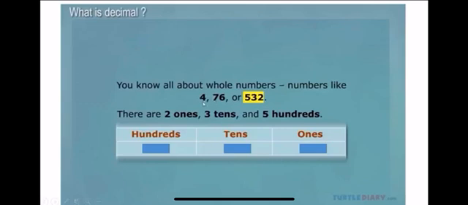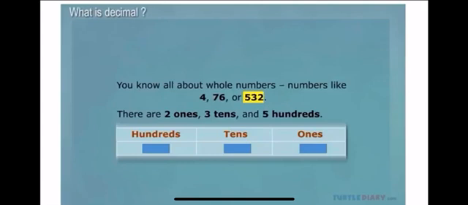We already know the number 4, number 76, and number 532. Each digit of this number represents a different place value. Let's see the number 2. In which place value does it sit? In ones, tens, or hundreds? You have to answer this question.